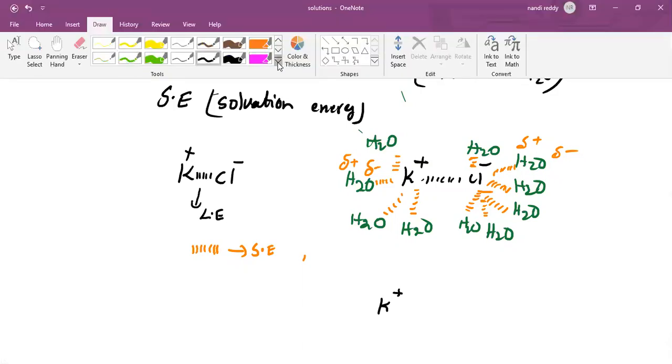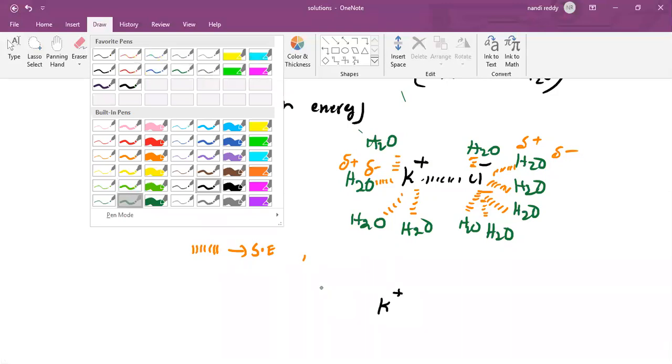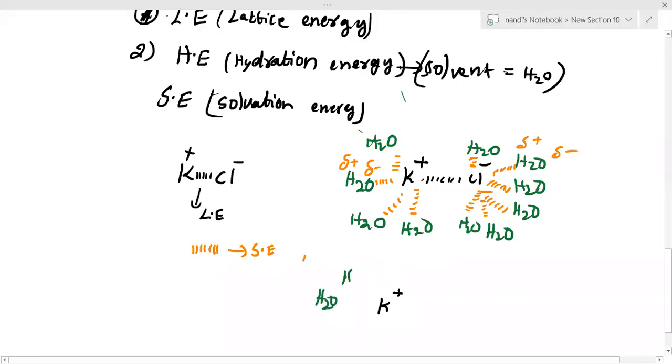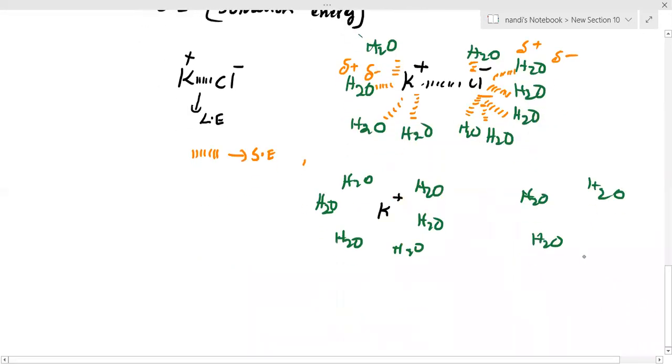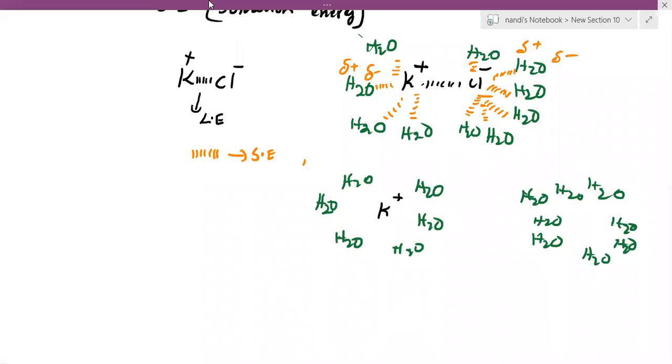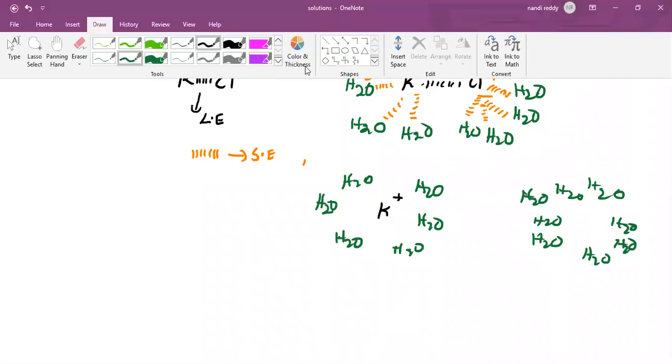So then what happened? That is going to break here, sir. That completely is going to break. Is it clear? There is no limited number; you can take that solvent, so mostly too many water molecules are present.